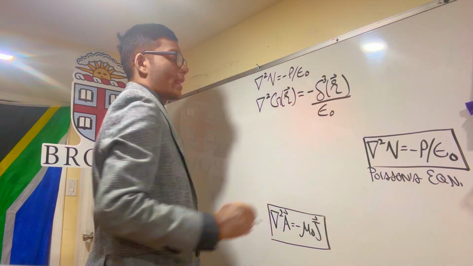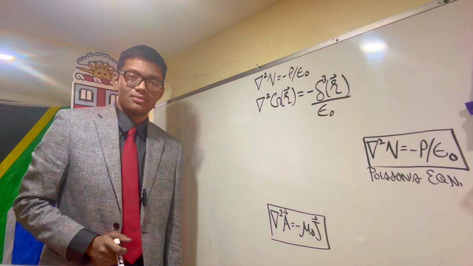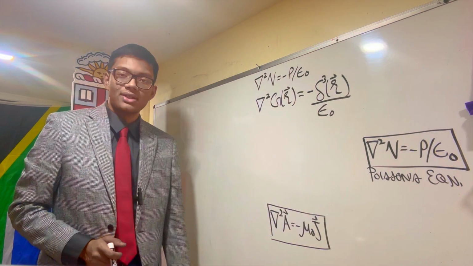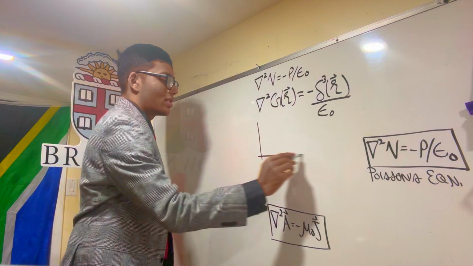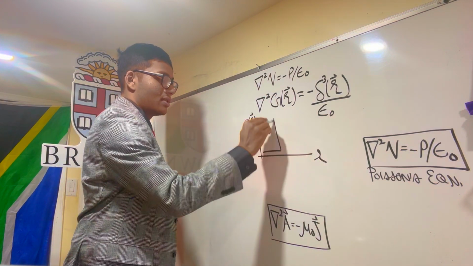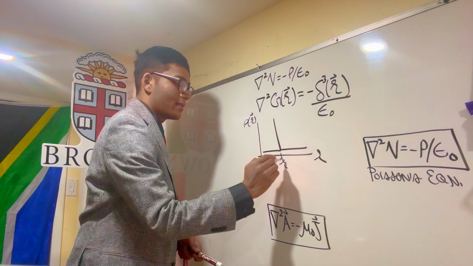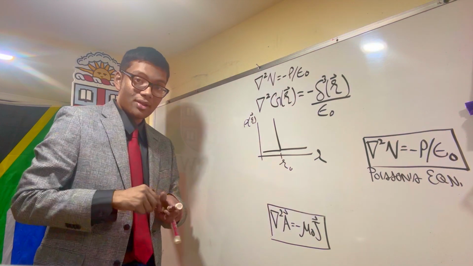But what kind of electric potential gives you a delta function for your charge density? There's only one kind of charge density over space that can give you a delta function. What is that? It's a point charge.